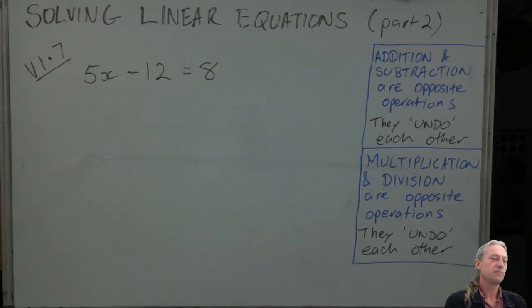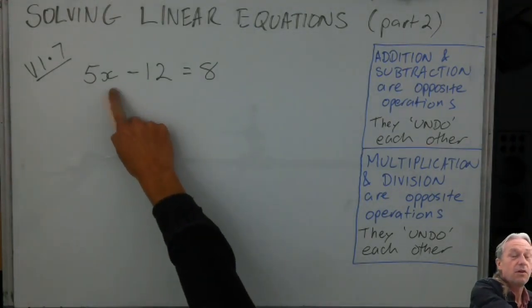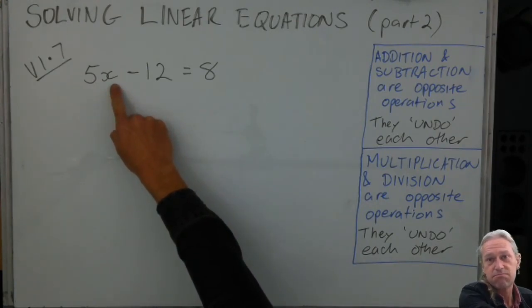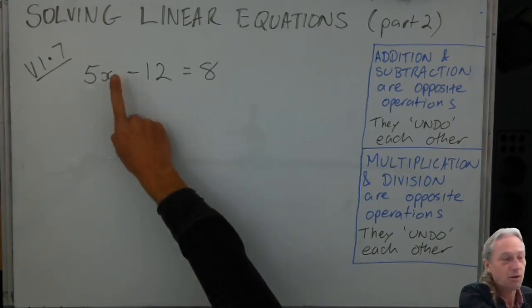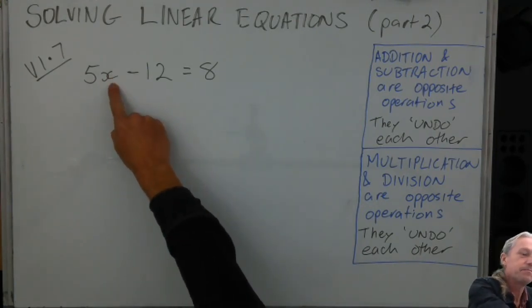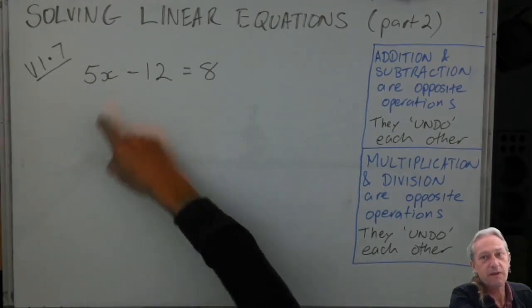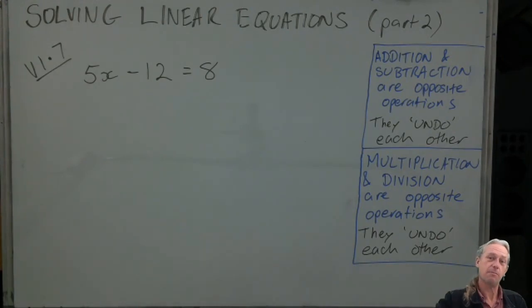So something to think about is the order of operations, BODMAS, PEMDAS, BEDMAS, whatever you call it. The order that things happen to the x, we sort of need to undo them in the opposite order.